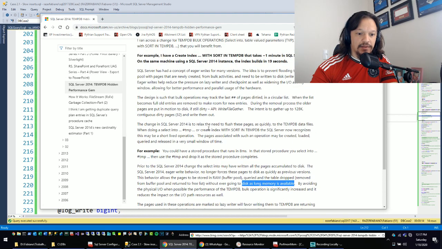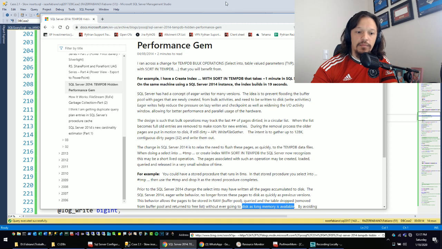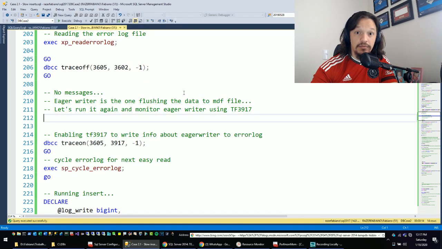The idea of the eager writer is to avoid the checkpoint process having too many pages to flush, right? Since bulk logged operations are most likely to write a lot of data in the data files and modify a lot of pages, instead of waiting for the checkpoint to flush all those pages, eager writer is actually going to do it now.